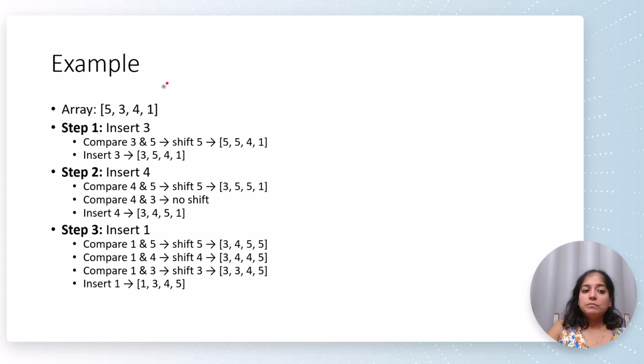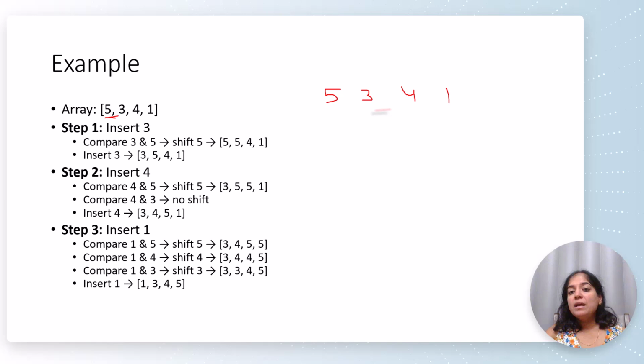Now, again, let's say we are having the elements 5, 3, 4, 1. As we said, we always assume that the first element is on its correct position. Then we start with element 3 and always check towards the left of the element.